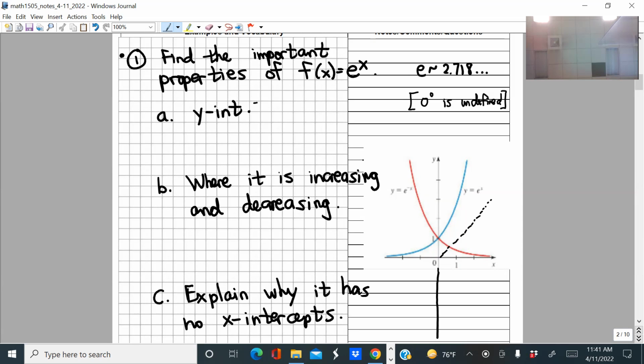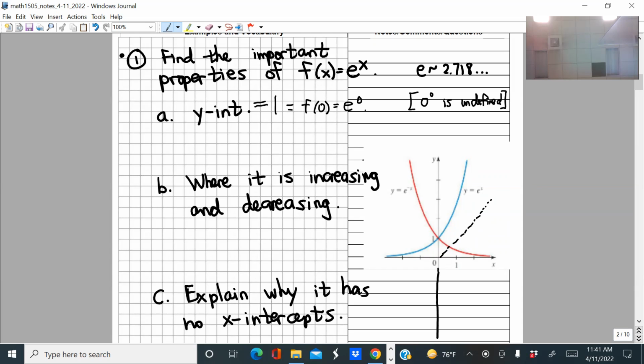But of course, how could you discover that if you weren't looking at the graph? How do you find the y-intercept of any function? Set x to 0, right? So the y-intercept you get by computing f of 0. So that would be e to the 0th power. And remember, whenever you raise a base to the 0th power, you always get 1, for any base, right?